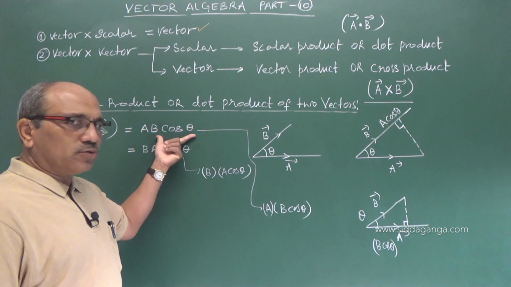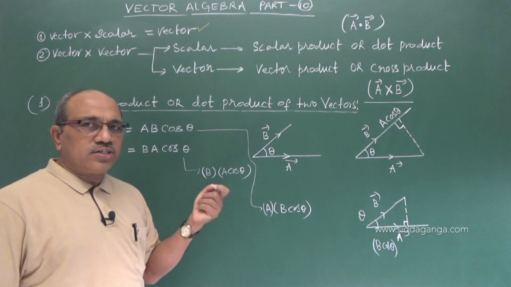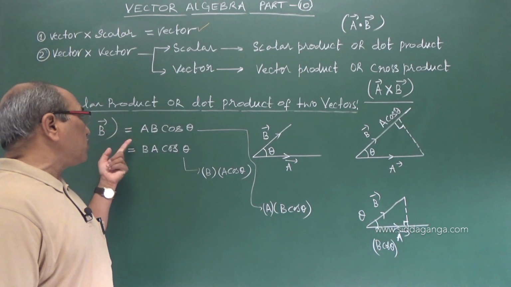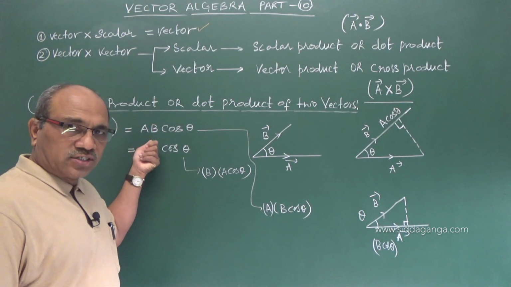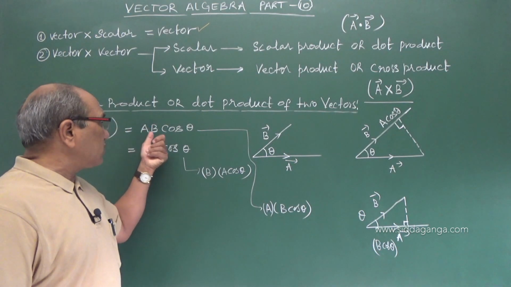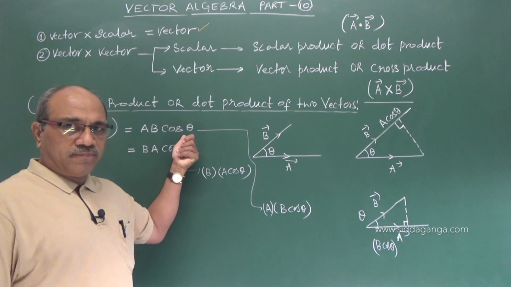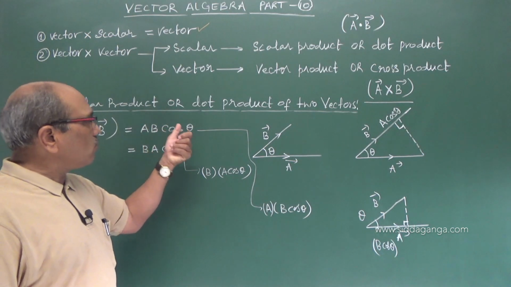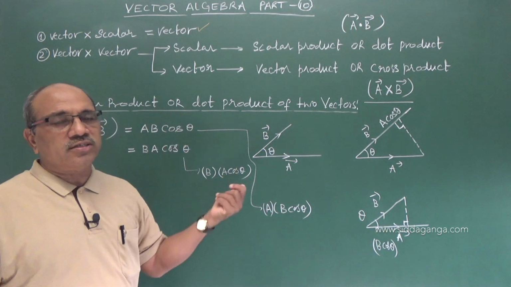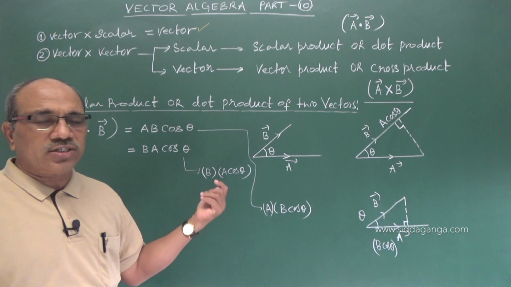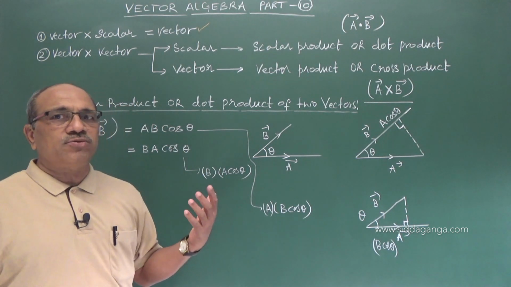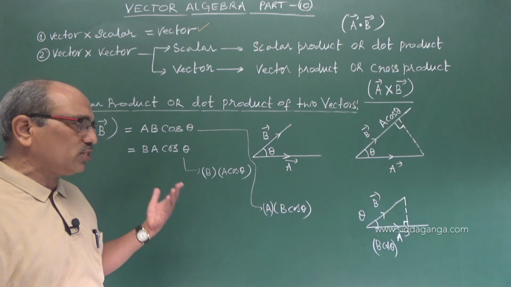Both are magnitudes, you see here. The statement itself is clear: cos theta is a scalar. The product of the magnitudes of two vectors and the cosine of the angle between them. So A and B are magnitudes, cos theta is also a magnitude, hence the vector loses the direction significantly in vector form. I will take examples in physics where you understand better how it converts to a scalar.